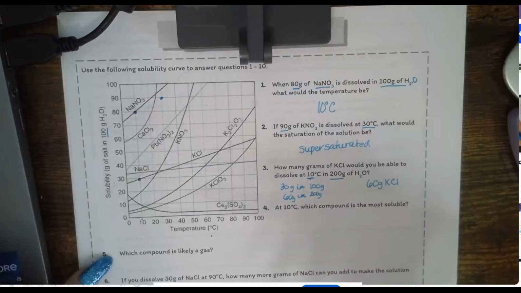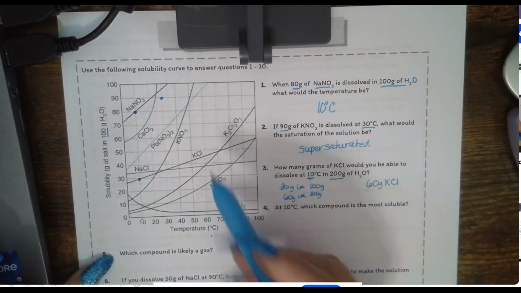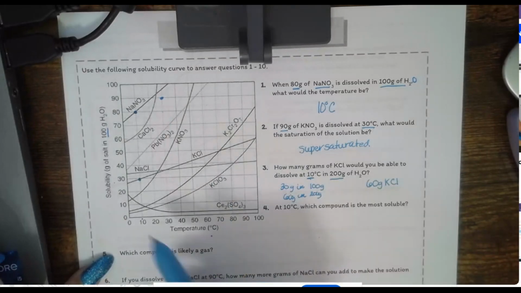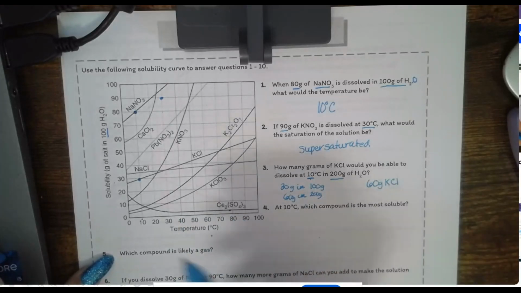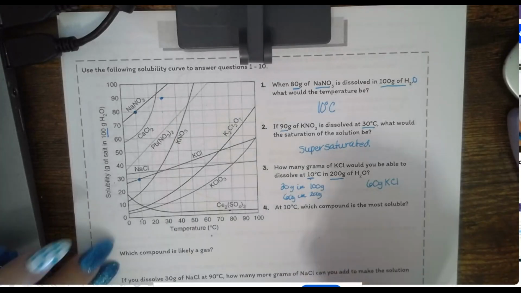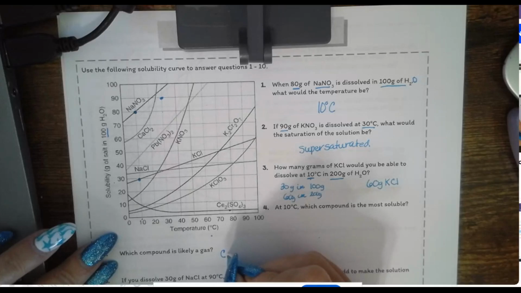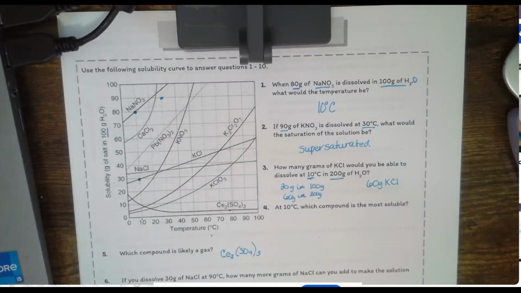So to find a gas, you'd want to look for the compound where the slope is going down. If you look at this line right here, Ce2(SO4)3, that is going to be the one that would most likely be a gas, because the line slants down.